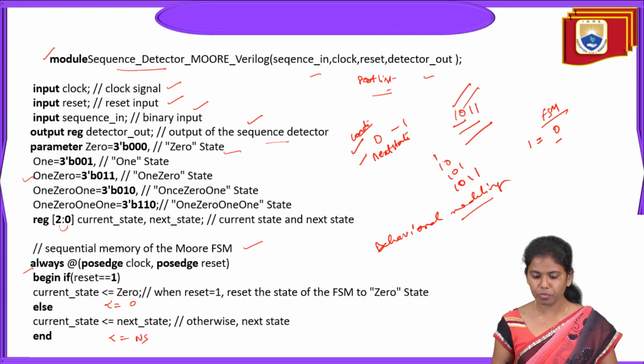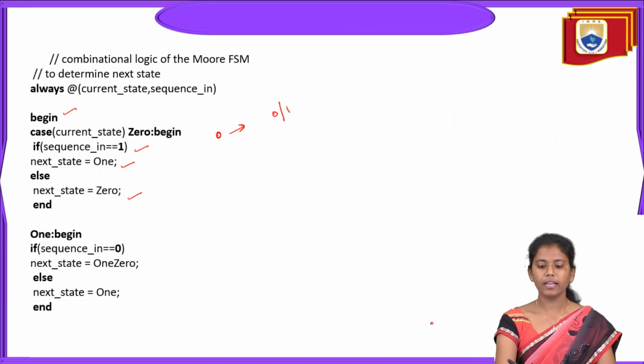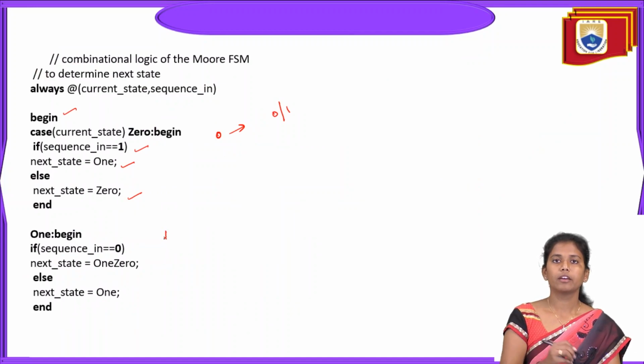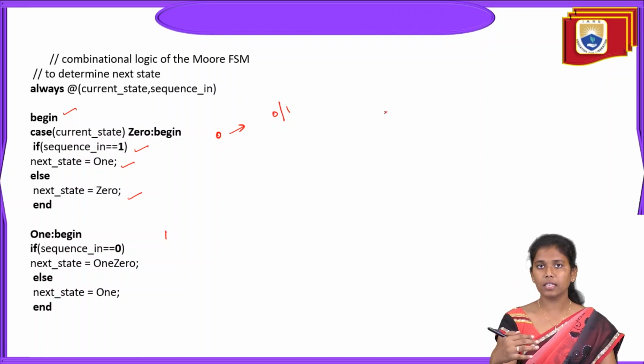So previously also we have discussed this, no? When my input is 0, what happens? My next state would be 1 or the next state, right? So here as well, and then if it is 1, begin. That means here we are going to detect the bits in a sequence, 1 0 1 1.